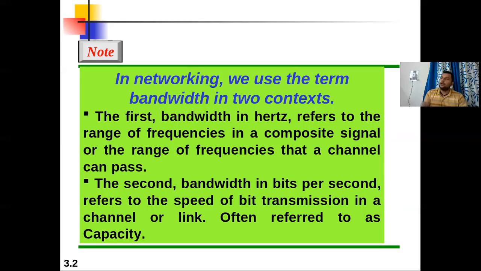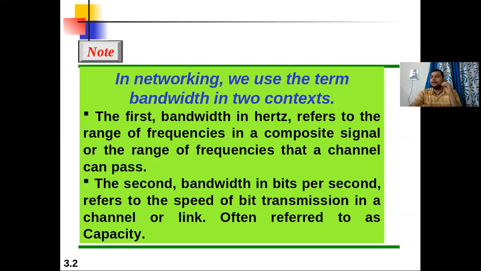When we have to calculate it in terms of bits per second, its digital equivalent, that is called the transmission speed. The unit is bits per second. So what is the transmission speed which that medium can withstand?